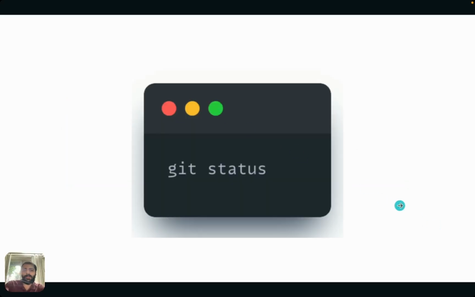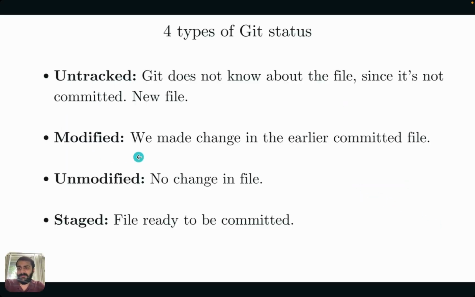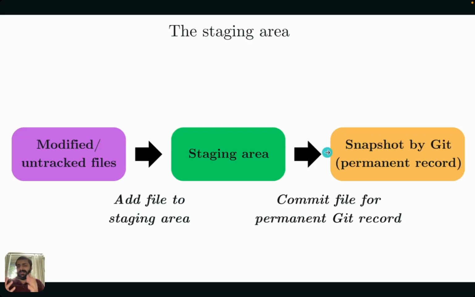Then we learned about the four types of Git status: untracked, modified, unmodified, and staged. We looked at untracked, modified, and unmodified files, but we were thinking, what does this staged mean? Then we looked at the staging area concept, where modified or untracked files need to be added to the staging area. Then you need to commit them for the permanent Git record. That's when Git takes the snapshot.